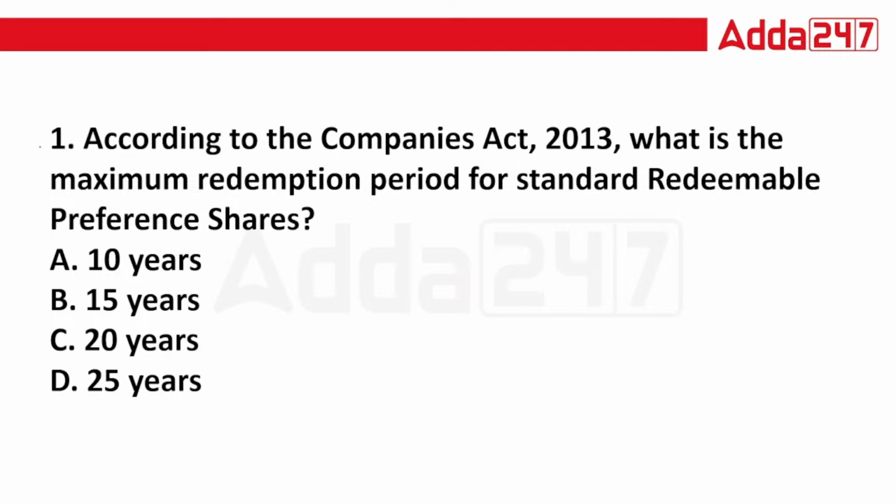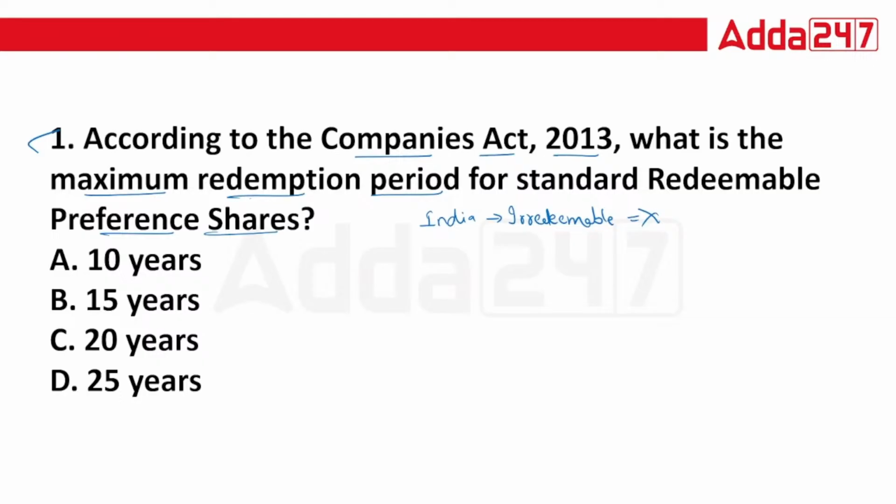The first question is, according to the Companies Act 2013, what is the maximum redemption period for standard redeemable preference shares? As you know, in India, we cannot issue irredeemable preference shares.